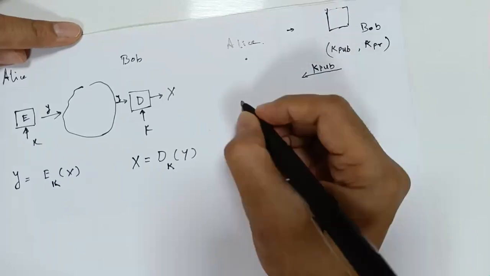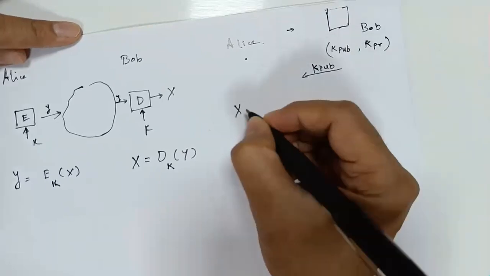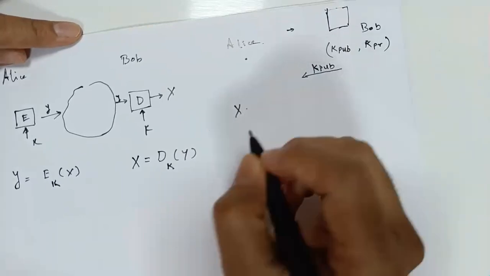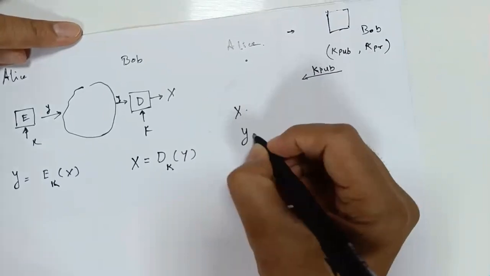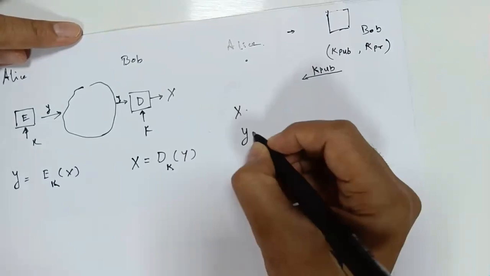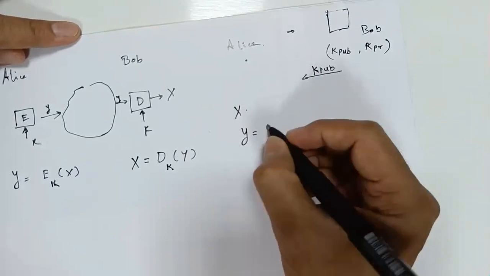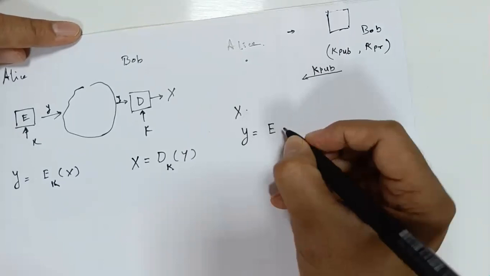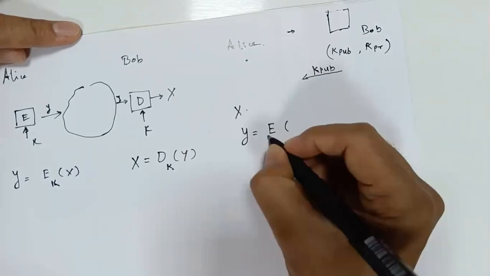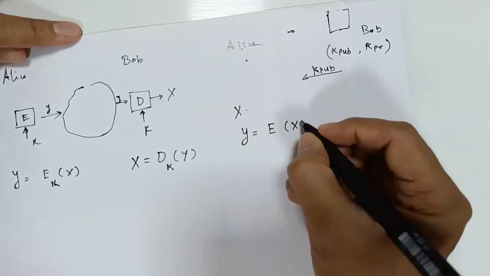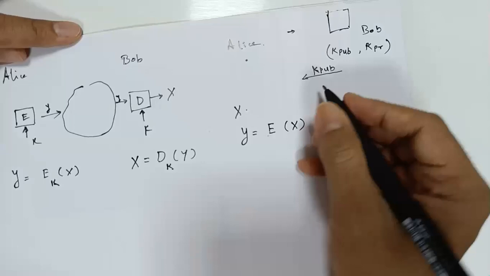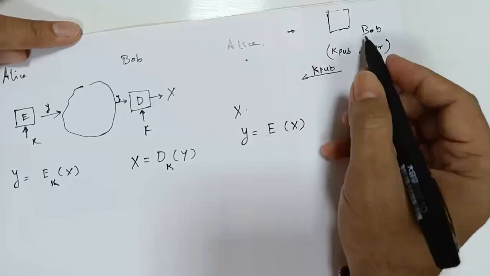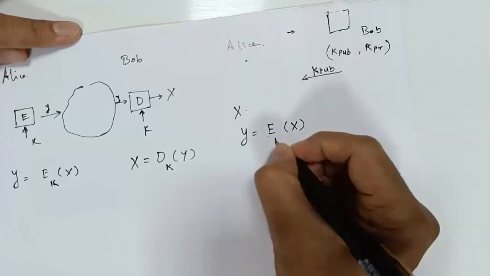Alice has X, and she will produce the ciphertext. There is some encryption algorithm, but the key which is used is the public key of Bob.